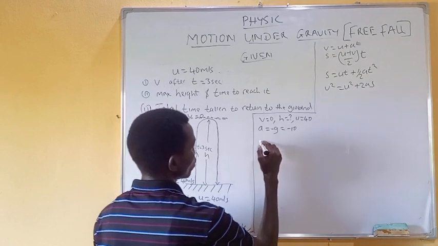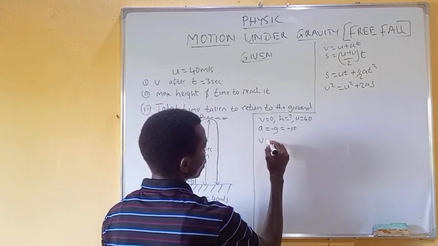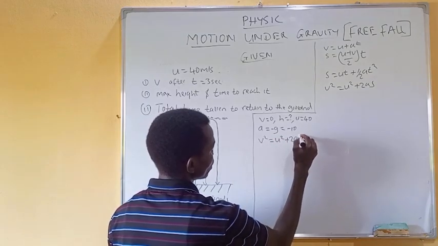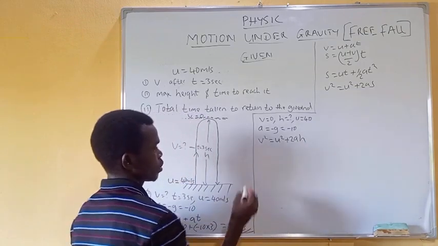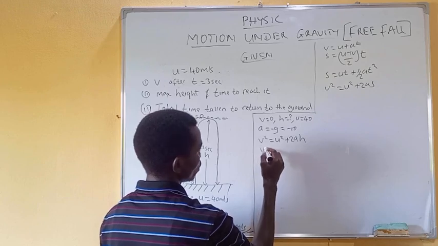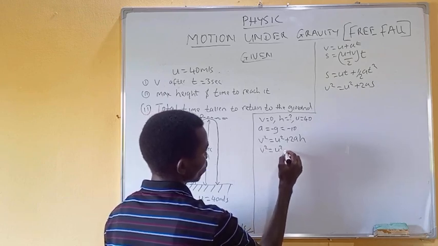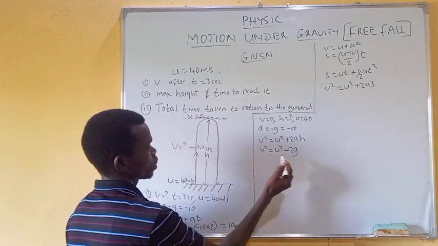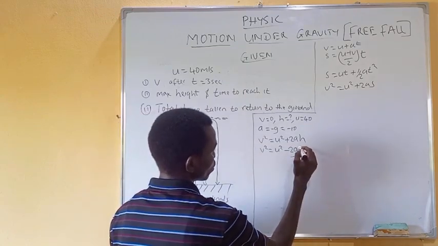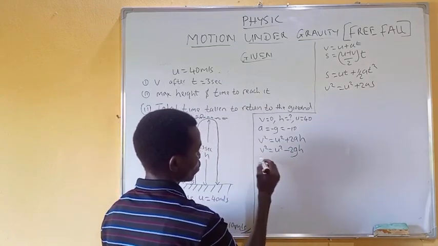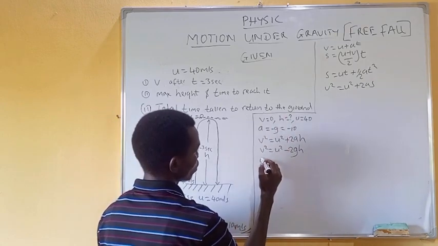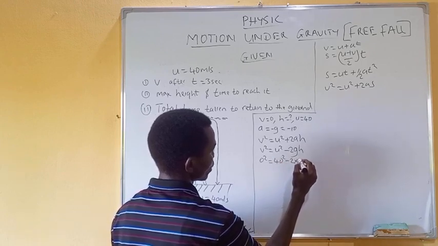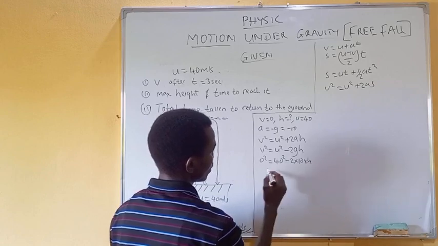From the equation, we have V square is equal to U square plus 2AH, which is V square is equal to U square minus 2GH, because it's moving upwards, negative gravity. When you input the values, we have 0 square is equal to 40 square minus 2 times 10 times the height.